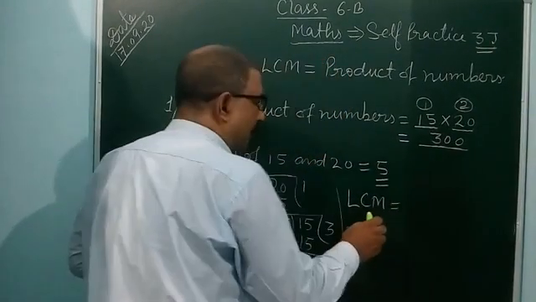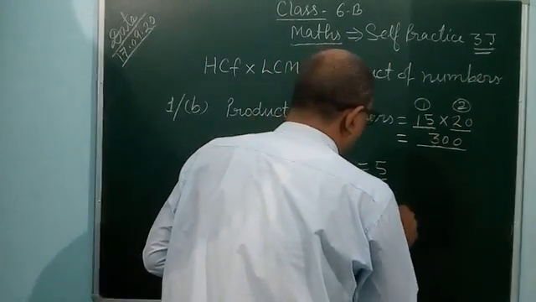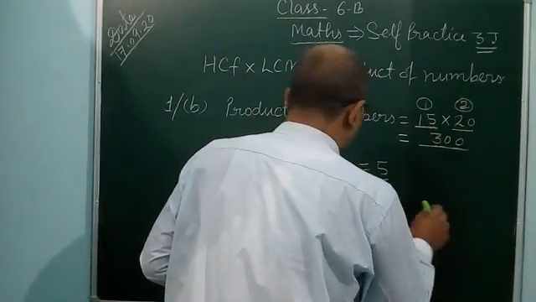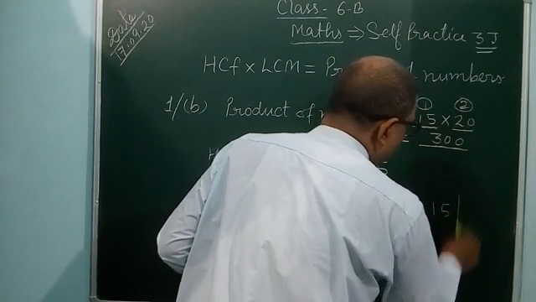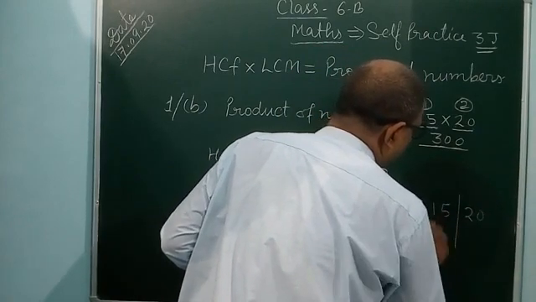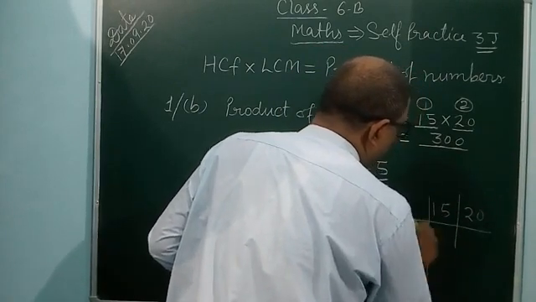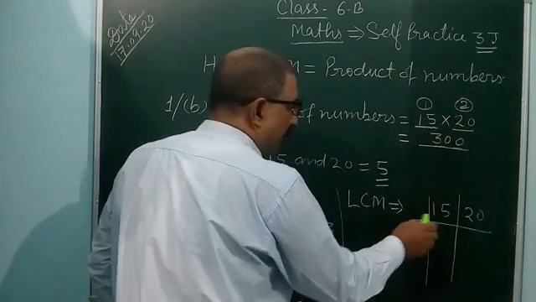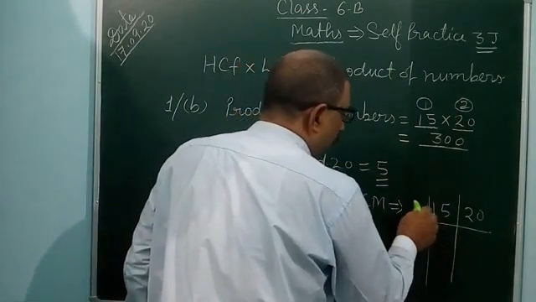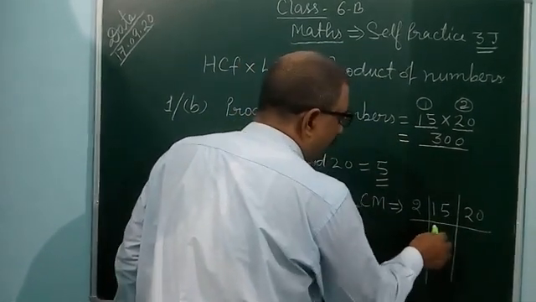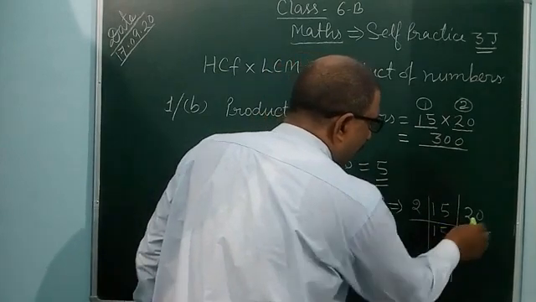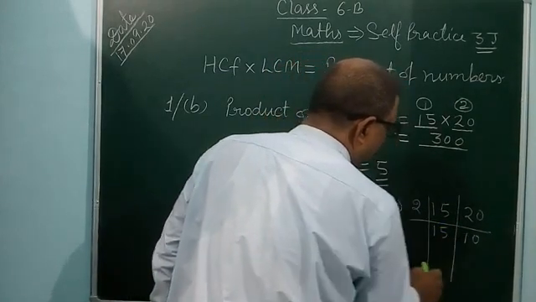So for the LCM of 15 and 20, you can also use the division method. By 2 you can divide; 15 cannot be divided, so you write it as it is, and 2 times 10 is 20.